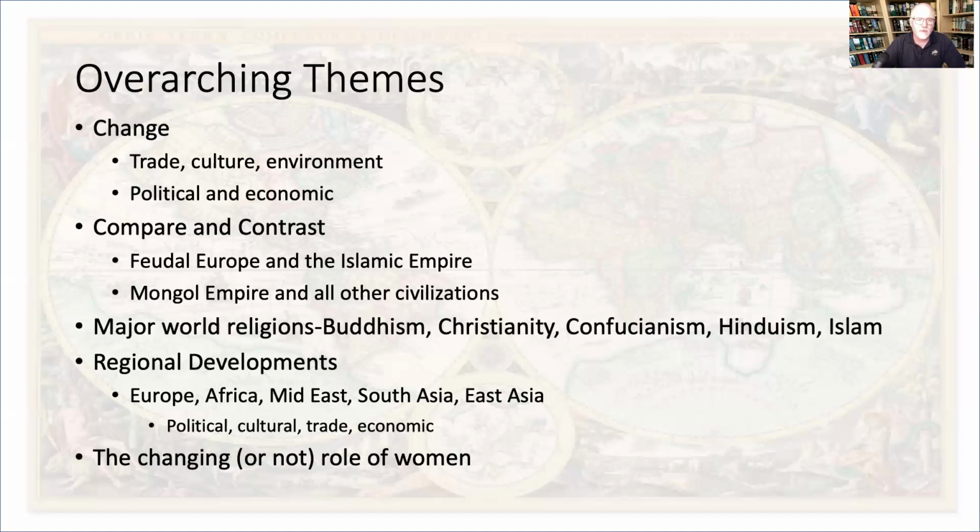What similarities were there in trade practices, even in economic systems? How was feudalism similar or different in Europe or Japan? So the compare and contrast, the similarities, the change, these are all topics I would consider fair game for almost any of these high-level ways to view change through this time period of history.